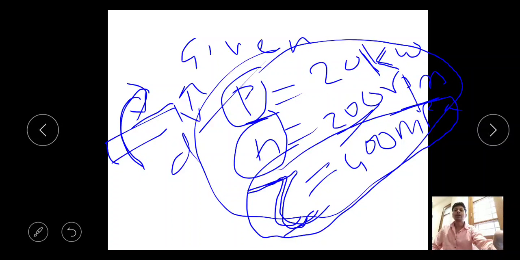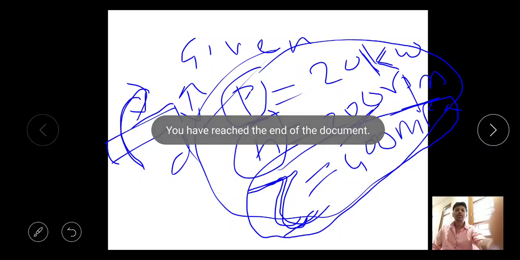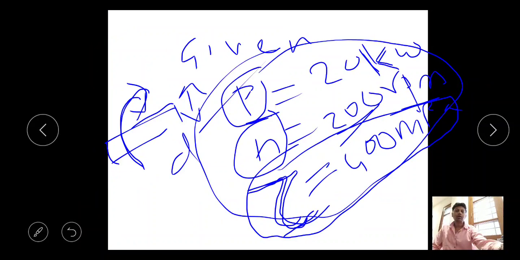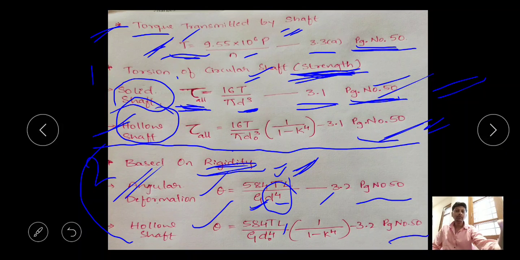If it is solid shaft, you have to use this formula. If it is hollow shaft, you have to use this formula. And based on rigidity, theta will be given, L will be given, G will be given. You have to find the diameter. So don't get confused. It is very easy. When we solve two or three problems on these formulas, you will easily understand.